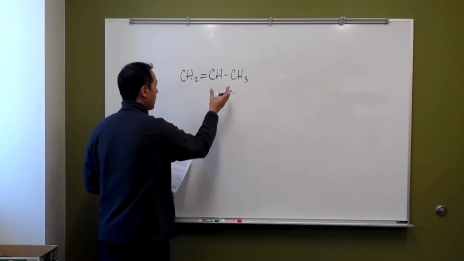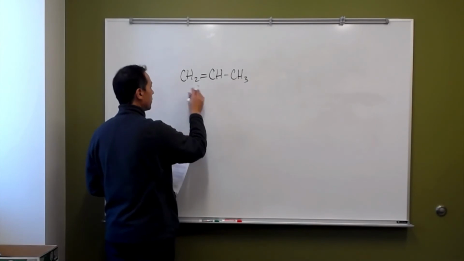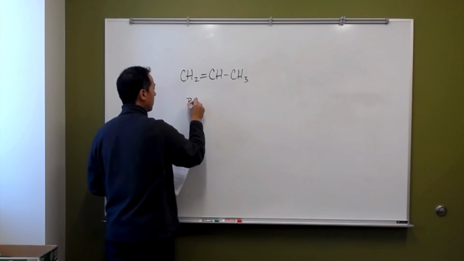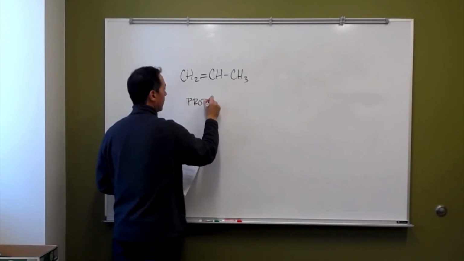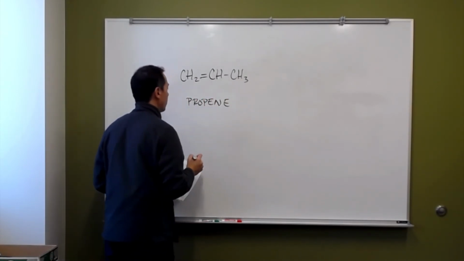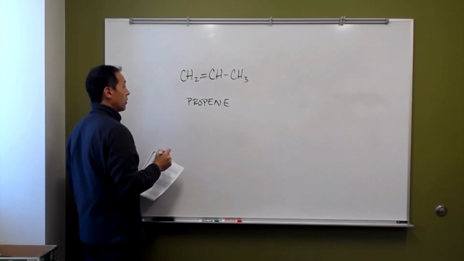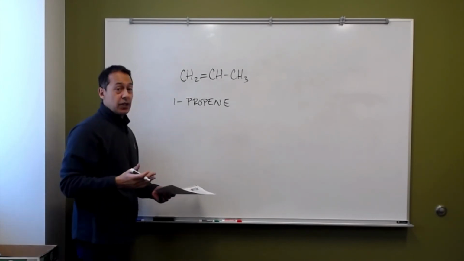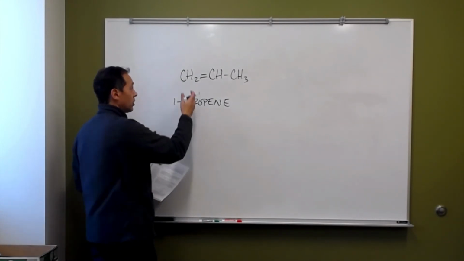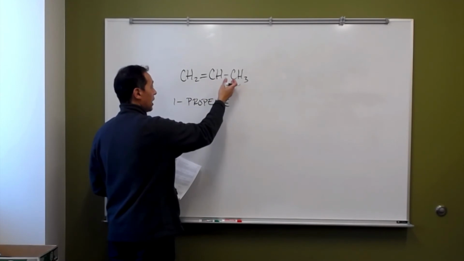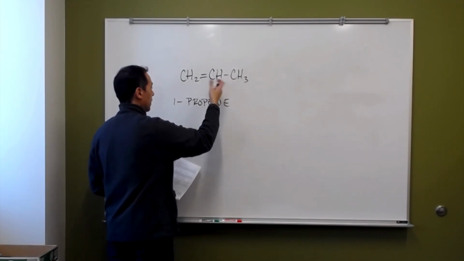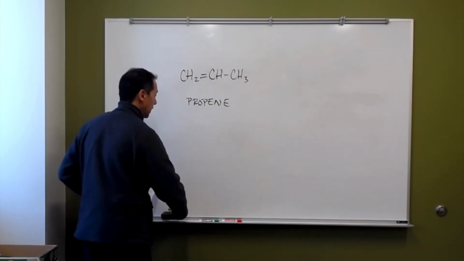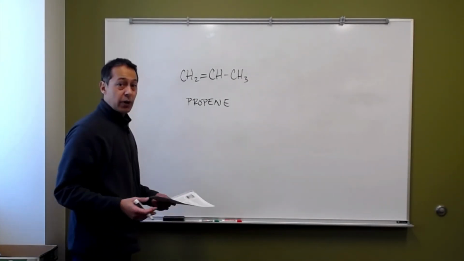If we wanted to name this one, this is 3 carbon atoms. There's a double bond there, so this is propene. And you might think we should put a 1 there, right? 1-propene. But it doesn't really matter because the double bond has to be either here or here, so you just call this one propene. With this hydration reaction, we're going to add water.